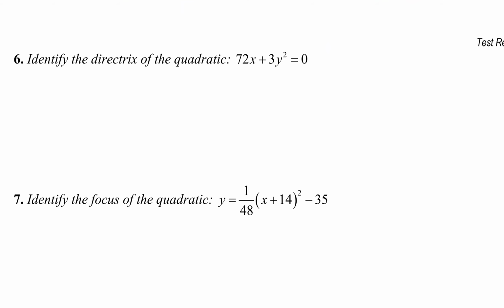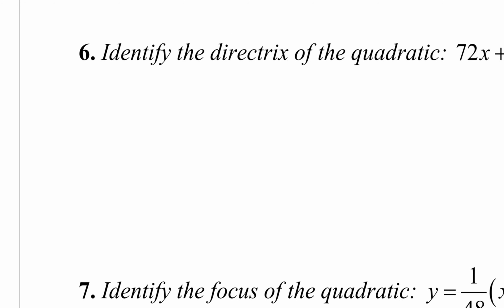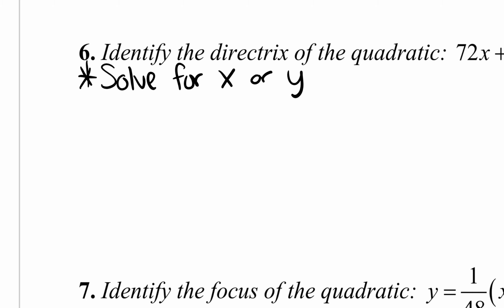Number 6. Identify the directrix of the quadratic. Okay, so notes. Write some notes for this one. Same thing as above. I only solve for the x or the y. So if you want to write that again, you can, just so you have it for this question. So solve for x or y, not x squared or y squared. Again, I'm solving for the same thing.